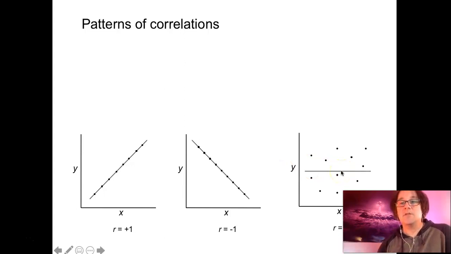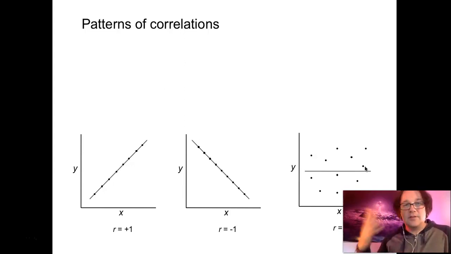This last diagram, I know I'm cutting it off a bit, but hopefully you see there's no discernible pattern to these points on this scatter plot. These dots aren't really showing any type of pattern.